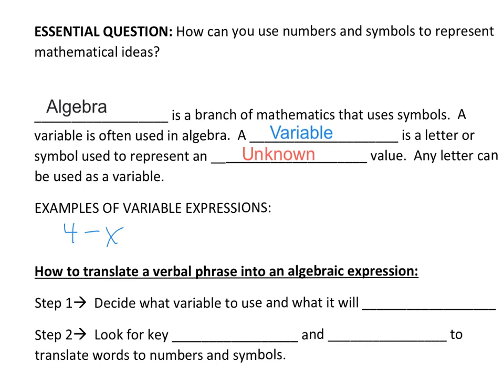That is a variable expression because we know that the variable x is the missing letter or the missing numeric value. We could have something such as 5m plus 6, because we know that 5m means 5 times m, and therefore m is the missing value.